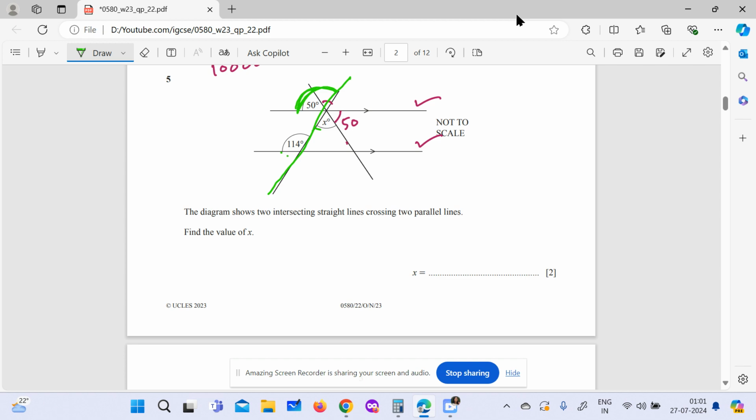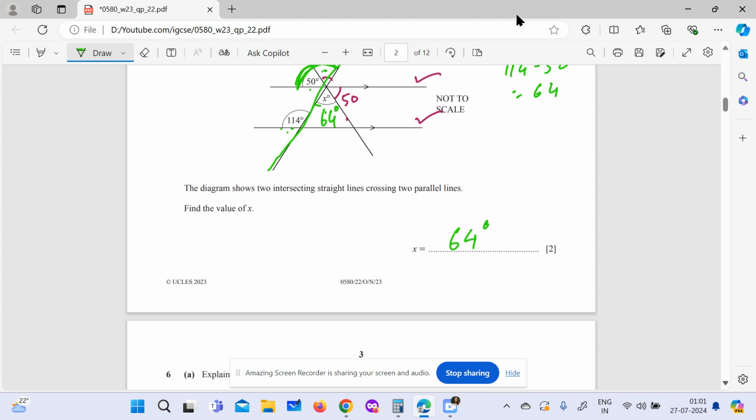So now this and this become corresponding angles, and corresponding angles are equal. So if this is 114, then this angle will be 114 minus 50. So we do 114 minus 50, that will be 64. So this angle is 64, hence you get the vertically opposite angle also 64. That's it. So you can write x equals 64.